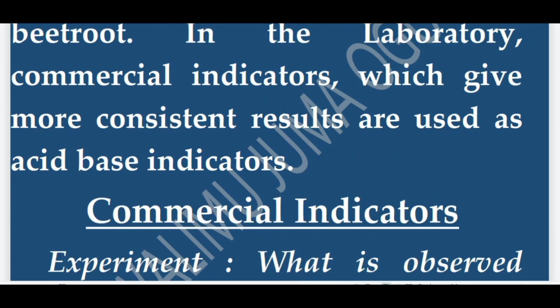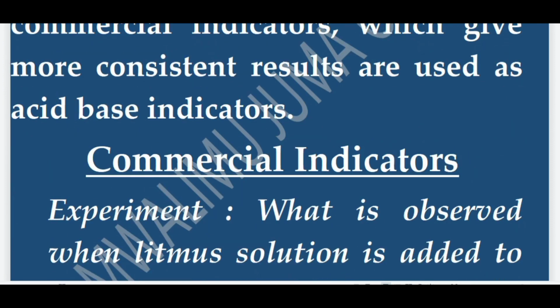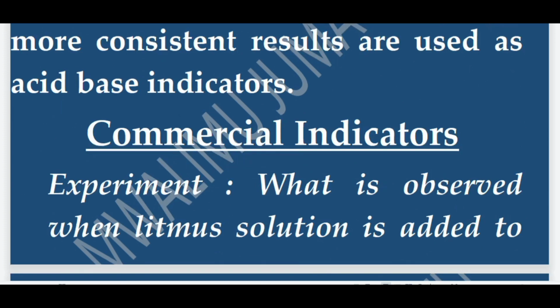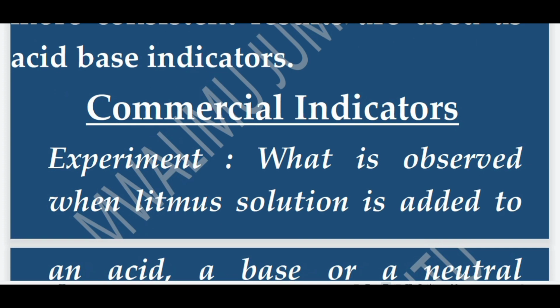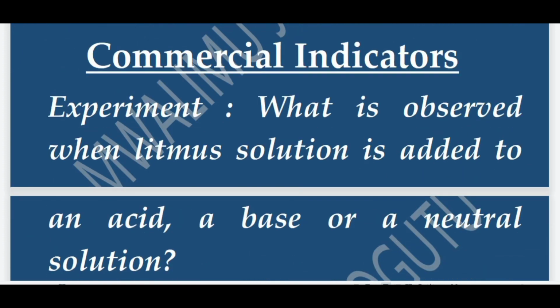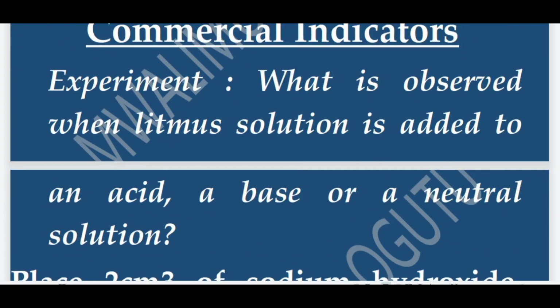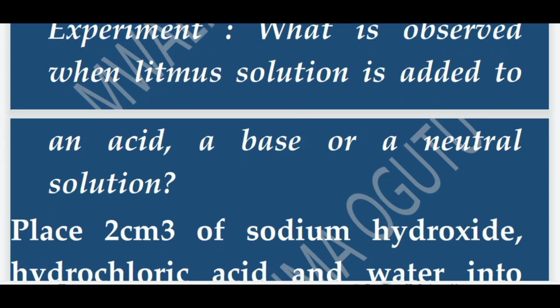So let's look at these commercial indicators and how they are used, and the colors that they give in a given substance, either base, acid, or a neutral substance. The experiment: what is observed when litmus solution is added to an acid, a base, or a neutral solution.